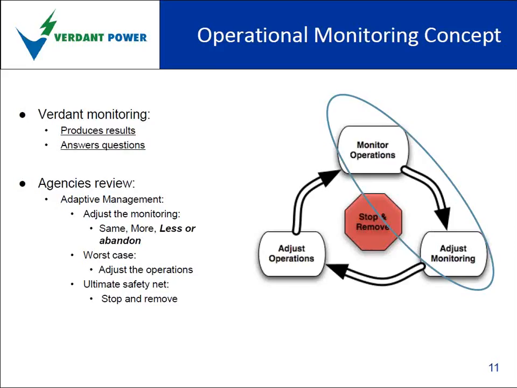And so we're moving forward in a very progressive manner. We do believe that we would mostly see the activities going back and forth between monitoring the operations and, in fact, adjusting the monitoring.